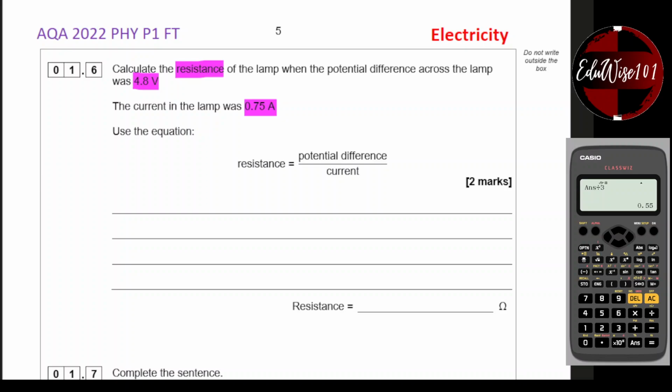So the resistance, the symbol for resistance is R. Potential difference they have given is 4.8, divided by the current, which is 0.75. So 4.8 divided by 0.75 gives you 6.4 ohms.